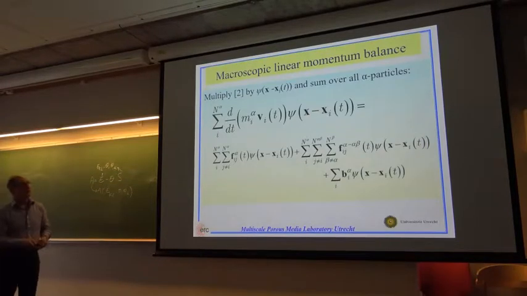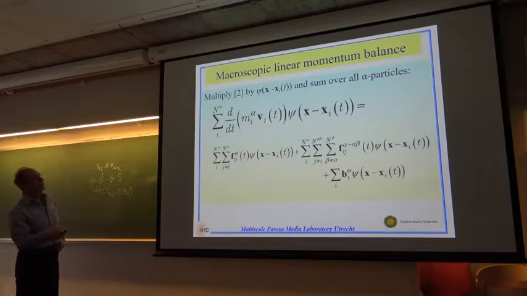Okay. Now, then the momentum balance, we did what we had done before. We take each term multiplied by psi and then sum over all alpha particles. Once again, these are particles that are in the bulk phase, not in the interface. And we basically write that. And then we do the trick that we put psi inside the time derivative.